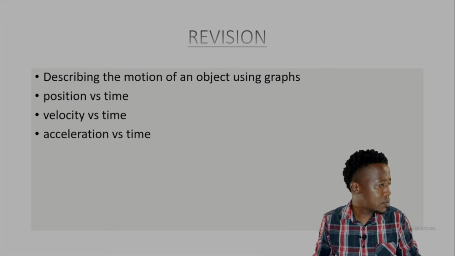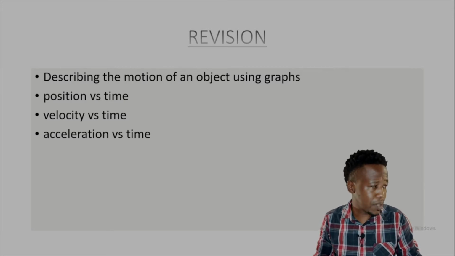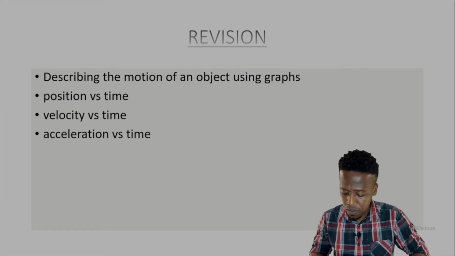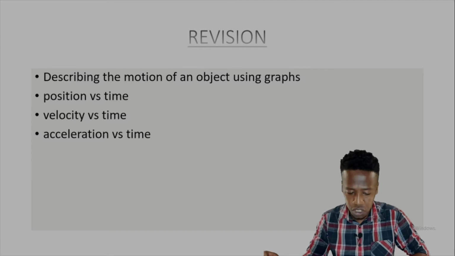Remember, in grade 10 you did the position versus time graph, the velocity versus time graph, and then the acceleration versus time graph. Let's refresh your mind by going through those 3 graphs that describe the motion.